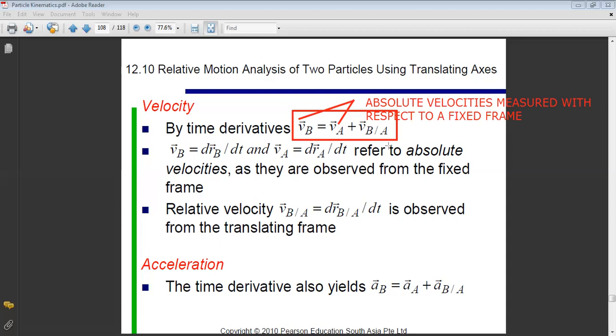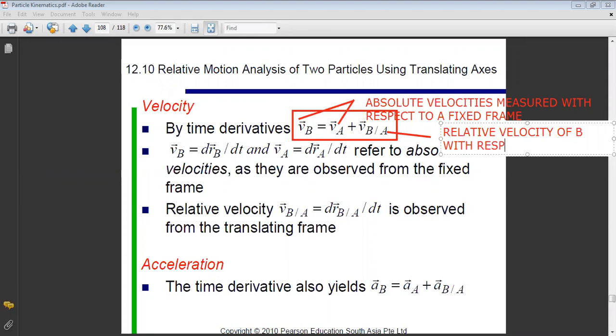It's measured with respect to the translating frame whose origin is at A. So this is the relative velocity of B with respect to a translating frame of origin A.